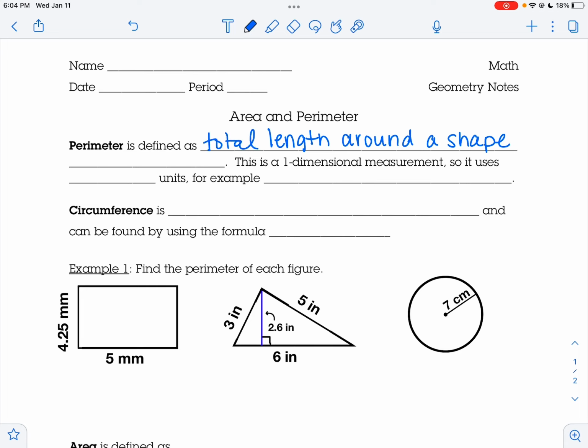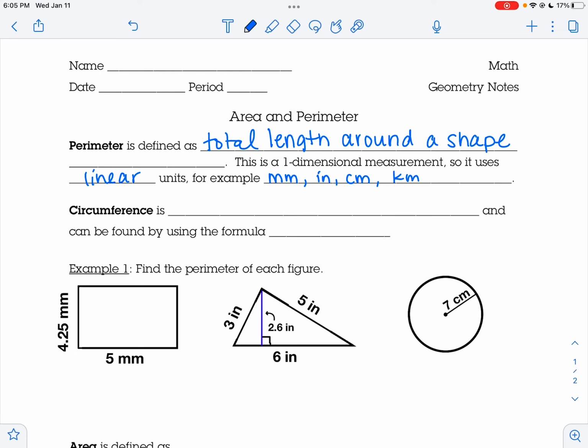This is a one-dimensional measurement, so it uses linear units. So, for example, millimeters, inches, centimeters, kilometers, things like that. So just that plain base, you're measuring length, what does your ruler actually have on it?